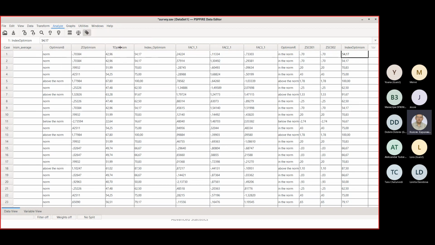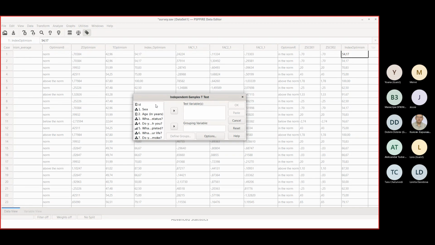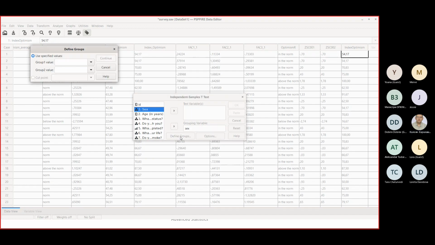Sex, or gender, is the grouping variable. I will move sex to the grouping variable and I must define groups. I must choose codes here, values of these groups.